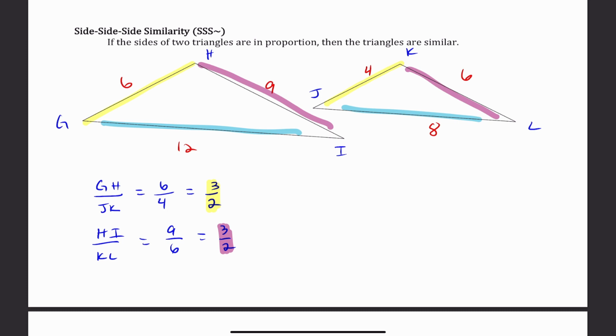And then lastly, let's take a look at these two colors here in blue. So it's GI to JL, which if I fill it in, it's 12/8, so that's 3/2 because 4 goes into 12 and 8 at the same time. So notice that they are proportional to each other. If we have 3/2 here, 3/2 here, and 3/2 here, and we're dealing with the sides, then we can say that these two figures are indeed similar.